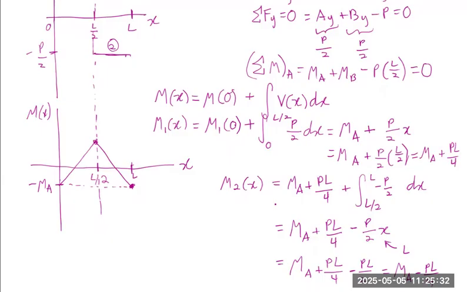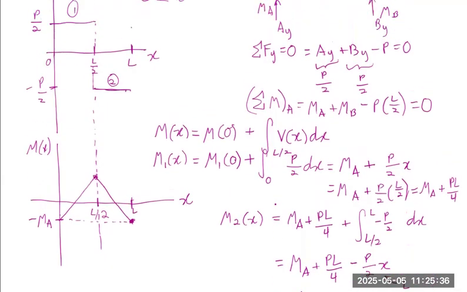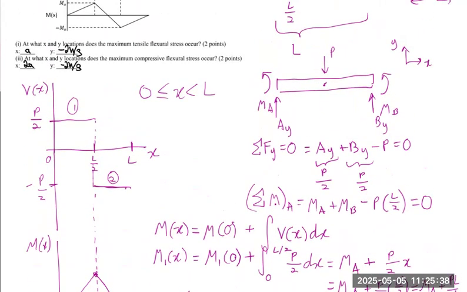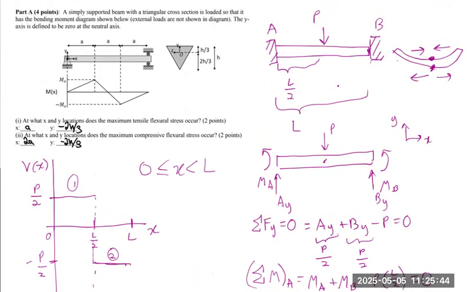Now, this is different when we are considering how the beam is bending, because when we apply a force P to this beam, the beam is going to warp upwards like this. So it's actually a clockwise moment here and a counterclockwise moment here.